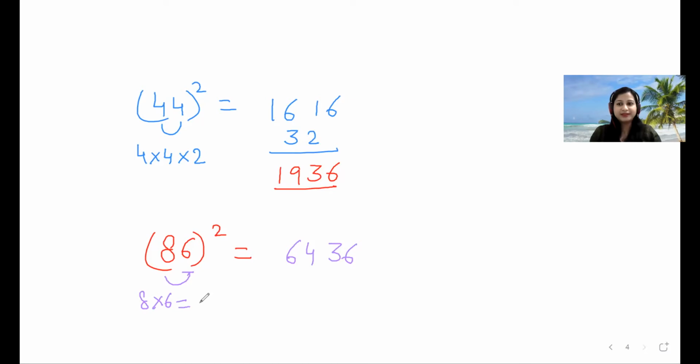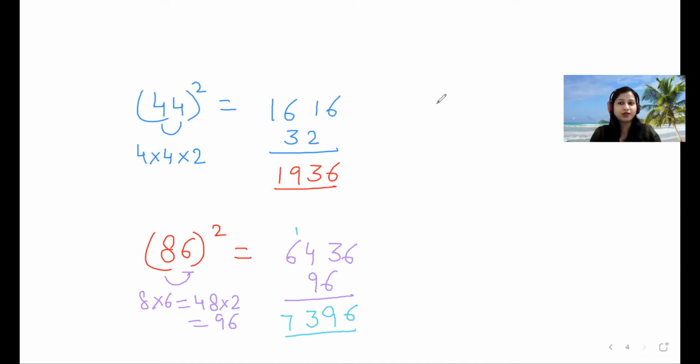Yes, 8 6s are 48, and then multiplied by 2, how much it would be? 96. Now we'll write this number in the middle, and then we'll do addition. So let's add, how much we'll get? 6 exactly same. 6 plus 3 9, 9 plus 4 13, and this would be carry over, and this would be 7396.